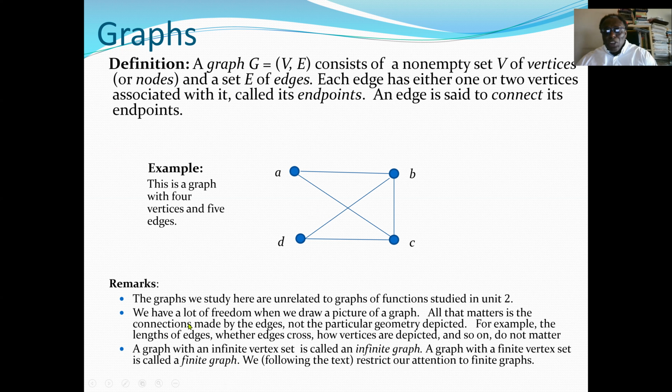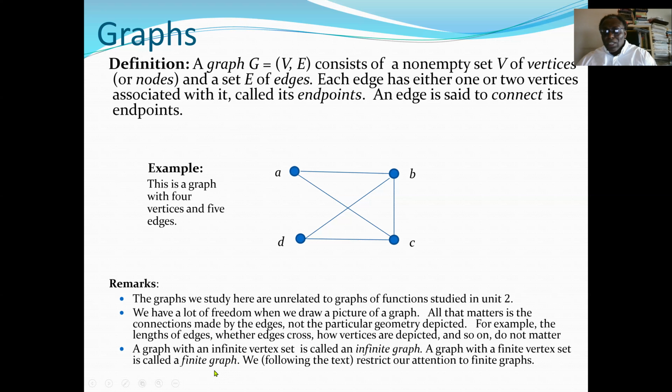So here we say we have a lot of freedom when we draw a picture of a graph. All that matters is the connection made by the edges. The edge is the line that connects two or more vertices, not the particular geometry depicted. So for example, the length of edges, whether the edges cross, how the vertices are shown, and so on, do not matter.